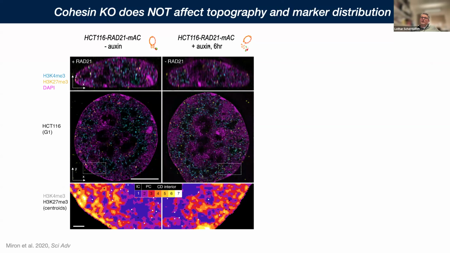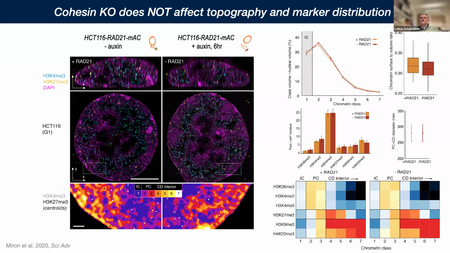If you do the same experiment, we did the same experiment using the same cell line, auxin degradation after 6 hours. And when you characterize, quantitate your chromatin topography and functional distribution of markers, there is absolutely no difference at all.